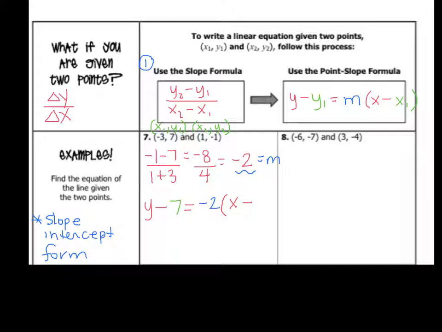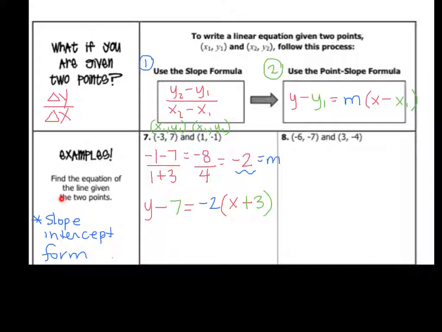Remember, a negative negative makes plus 3. Now I've done step 2. I found my slope, then used my formula and substituted in those values.